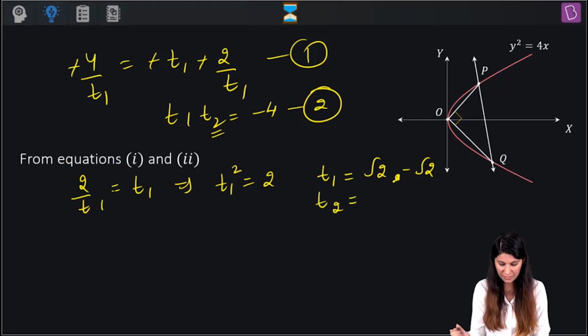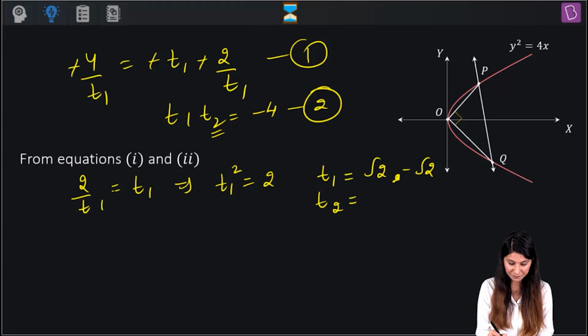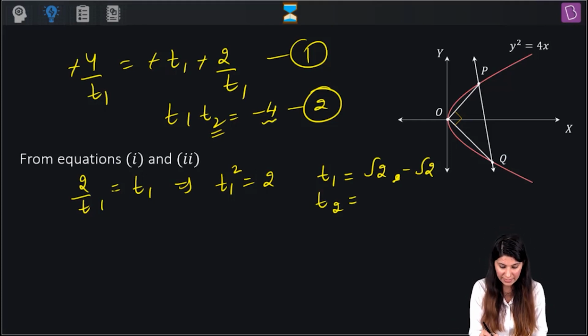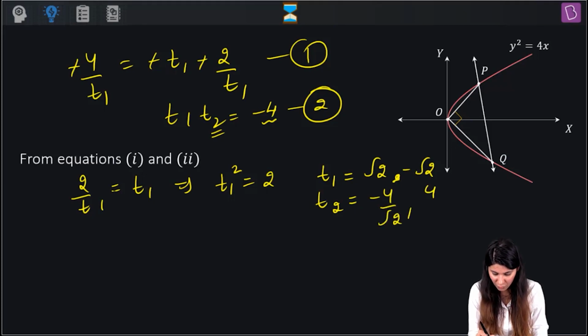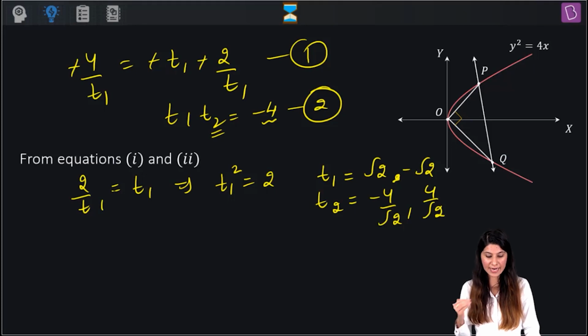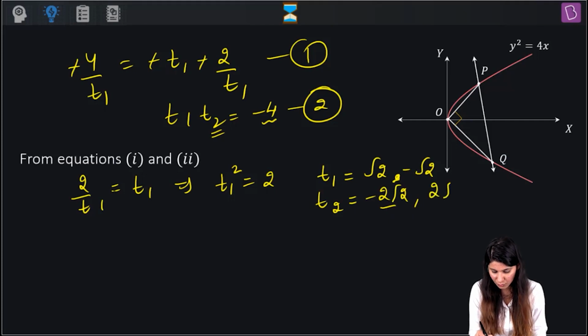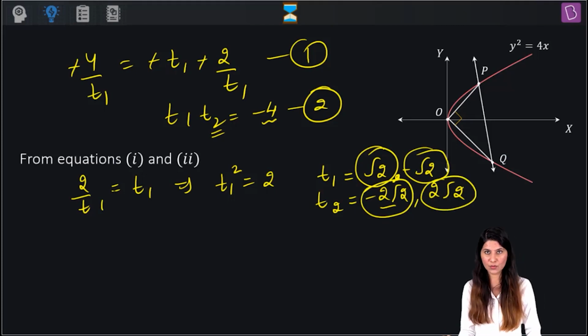Similarly, T2 would be, if you put the value of T1, minus 4 by root 2 and 4 by root 2. If you rationalize this, you get minus 2 root 2, comma 2 root 2. So when T1 is root 2, you get T2 as this, and when T1 is minus root 2, you get T2 as this.